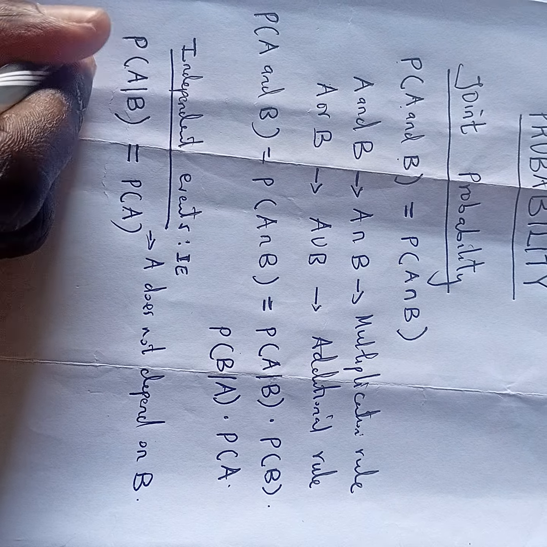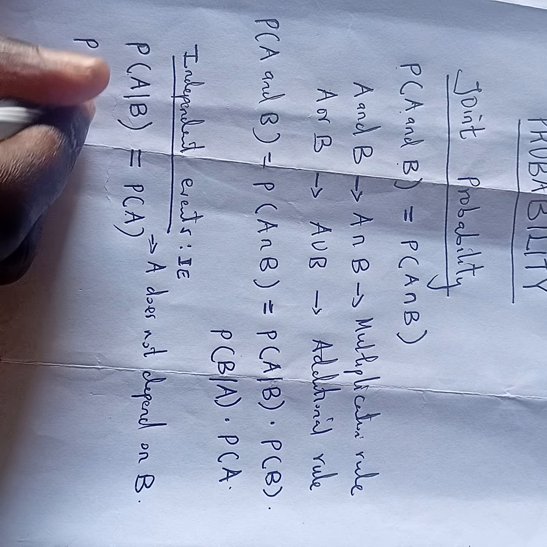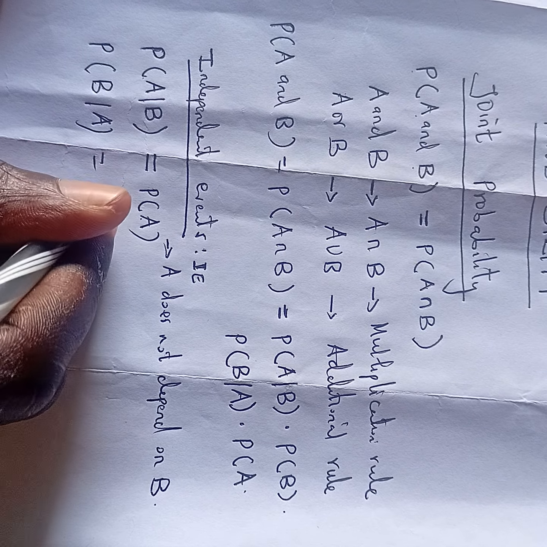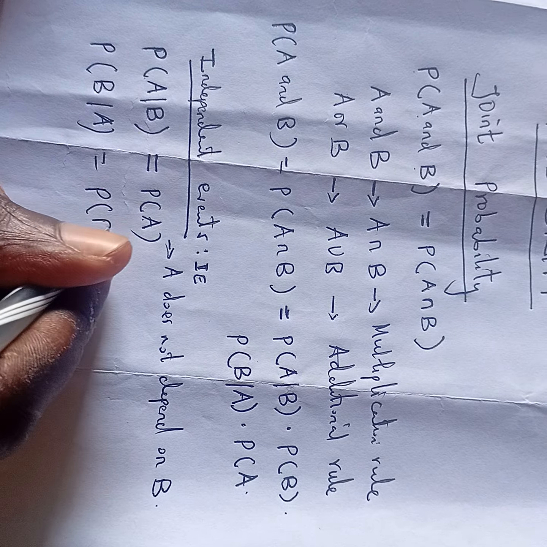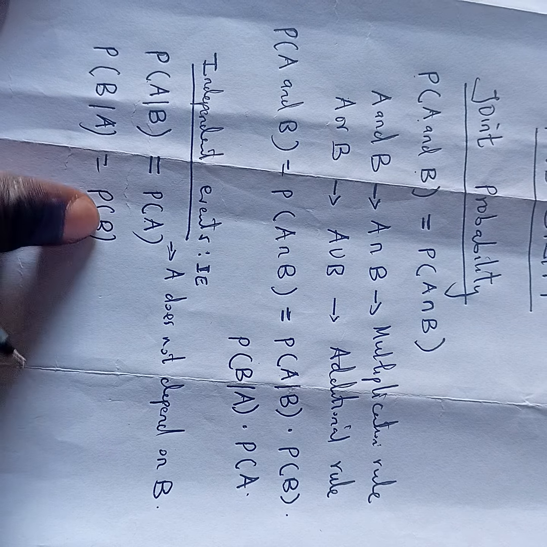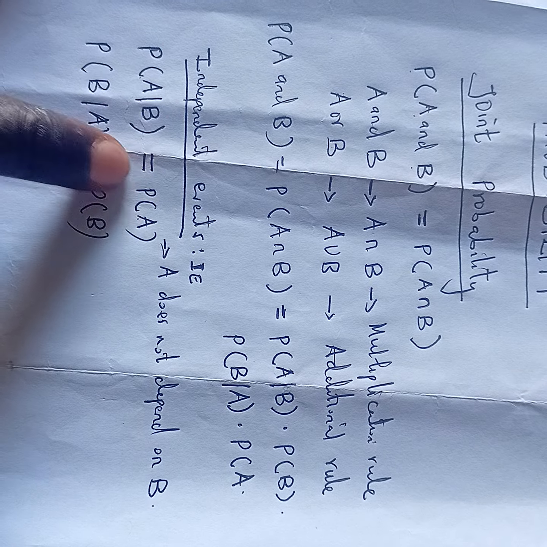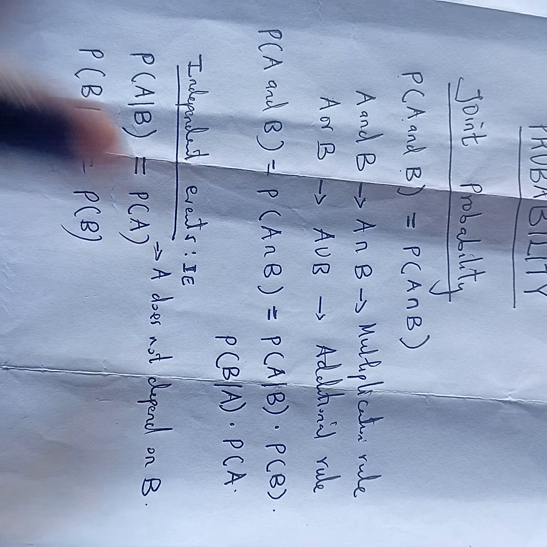The same way, the probability of B occurring when A has already happened is the same as the probability of B happening. B does not depend on A. So that is independent events.